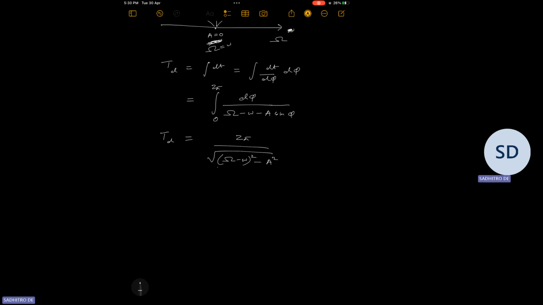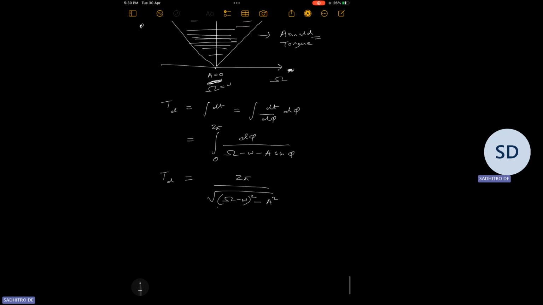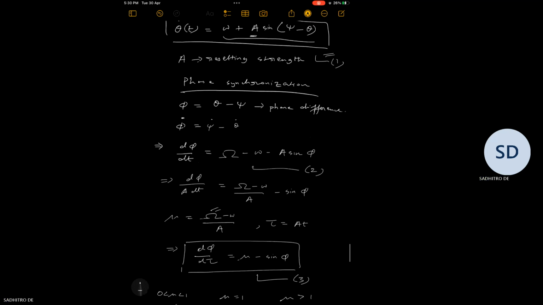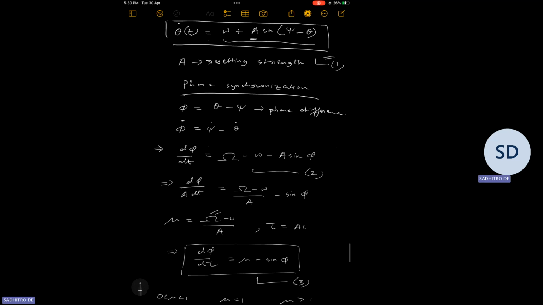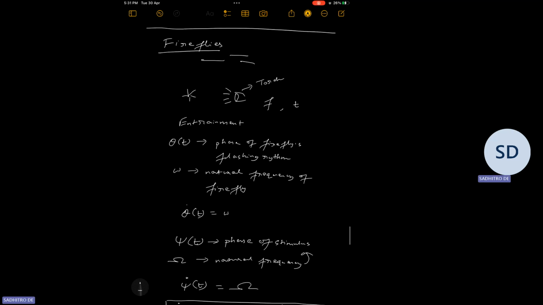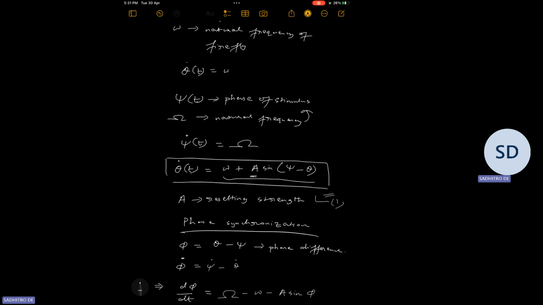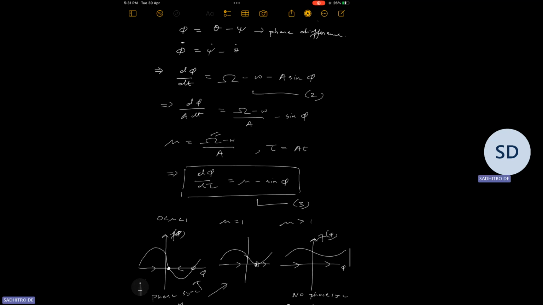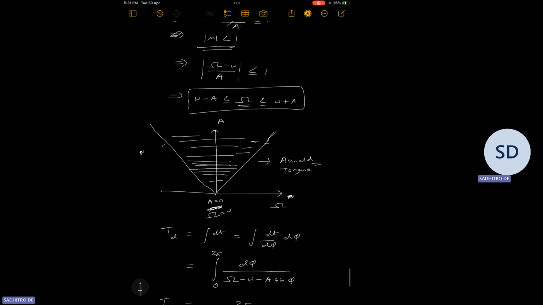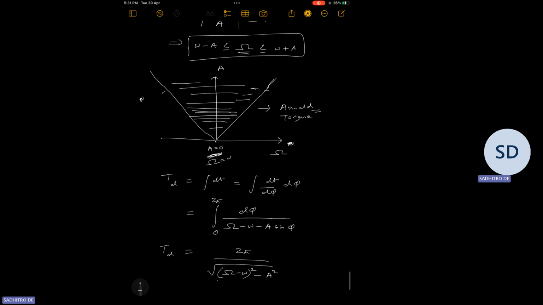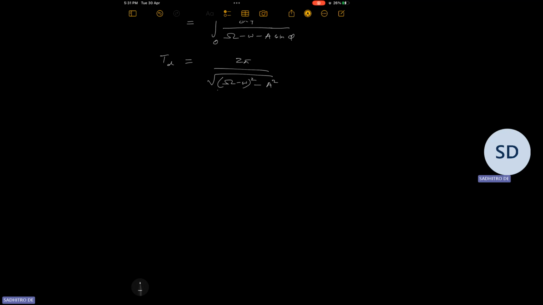So one thing is that here we had assumed a form of a system where the non-uniformity in the right hand side, that means the resetting stuff, was given by a sine function. Now, instead of a sine function, one can also have other periodic functions on the right hand side, as it can vary from one species of firefly to another. So suppose you have a triangular wave sort of a function, which looks like this instead of the sine function.